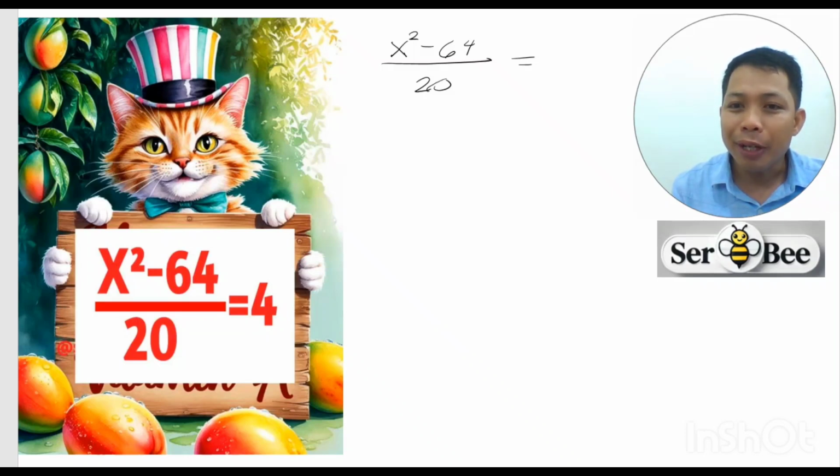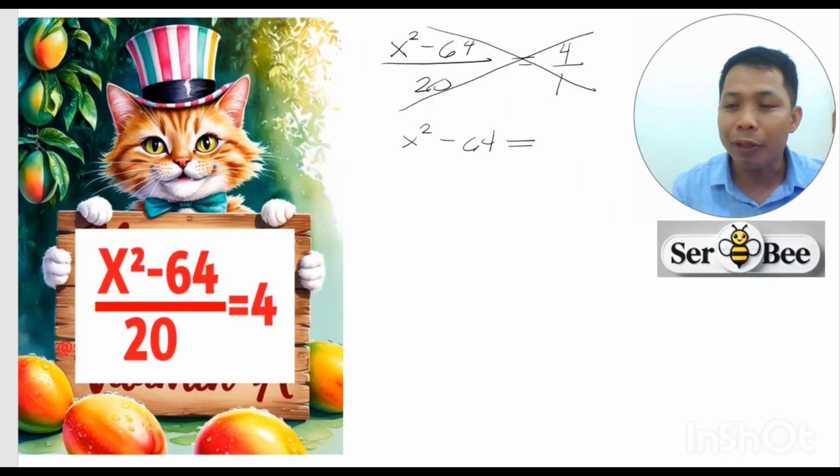This 4 on the right can be written as 4 over 1, or you can do cross multiplication directly. So (x squared minus 64) multiplied by 1 is x squared minus 64, and 20 multiplied by 4 is 80.